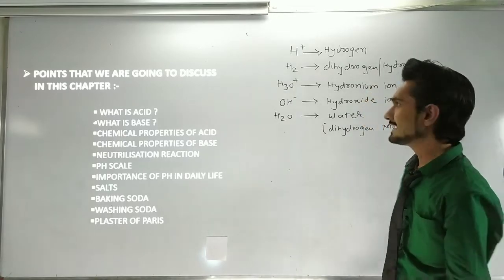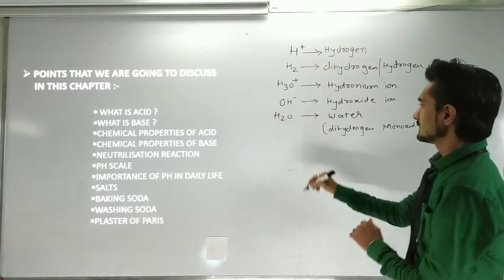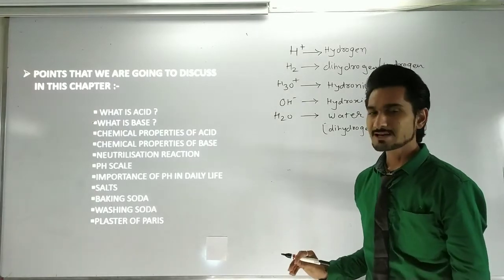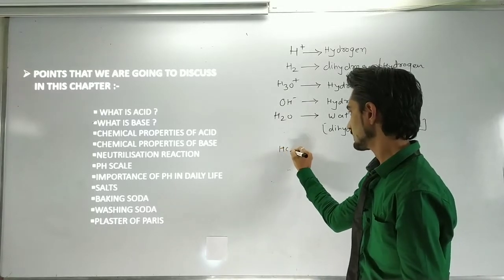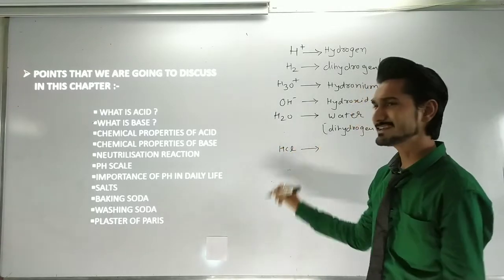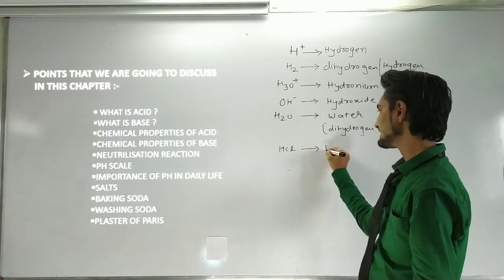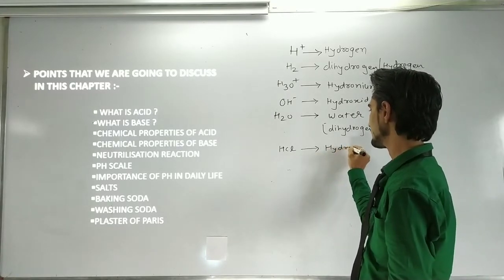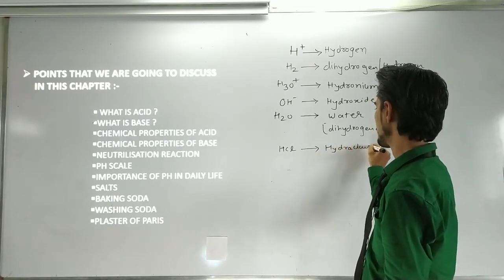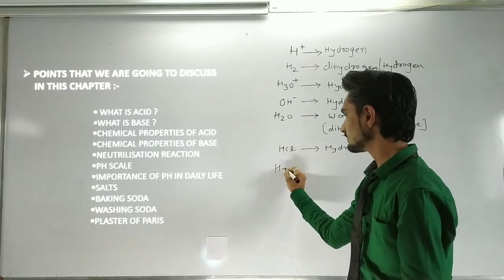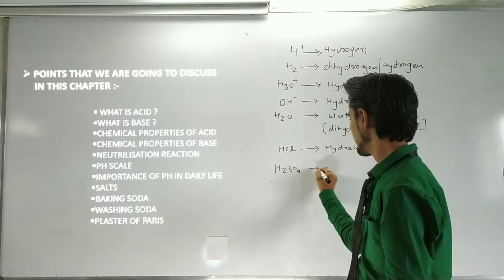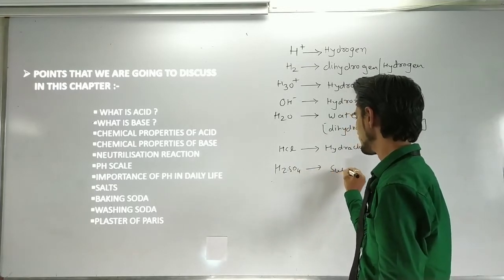Then afterwards another molecular formula that comes very importantly in this chapter is HCl. It is an acid that is called hydrochloric acid. Then H2SO4, sulfuric acid.